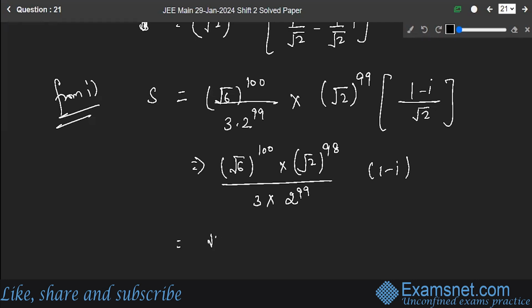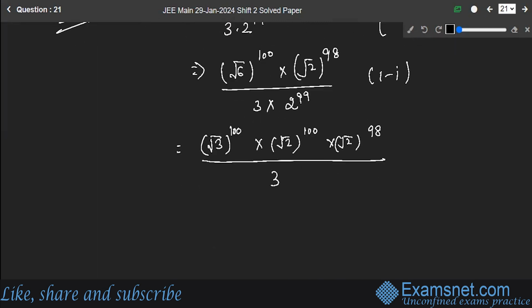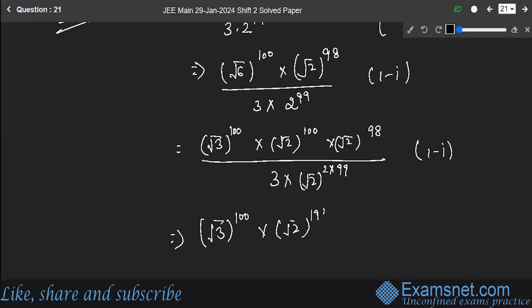So root 6 can be written as root 3 times root 2, so root 3 power 100, root 2 power 100, root 2 power 98, and in the denominator I can write it like this. So this is root 3 power 100 into root 2 power 198 divided by 3 into root 2 power 198 into 1 minus iota.